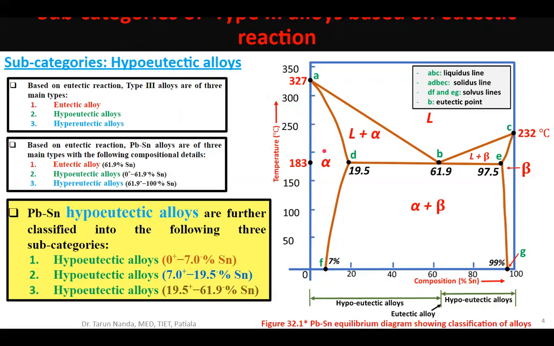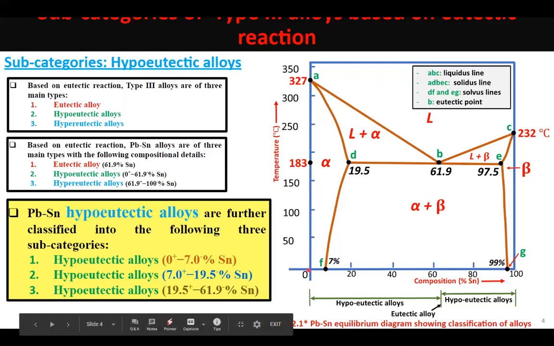So see, right from this composition till this composition, all alloys are hypoeutectic alloys.